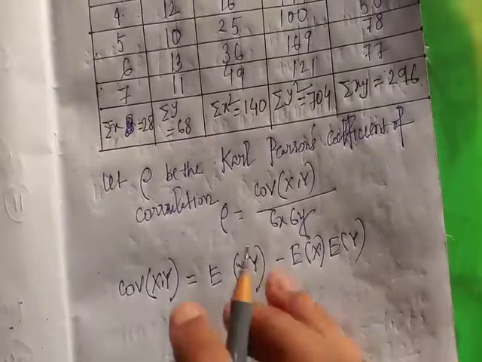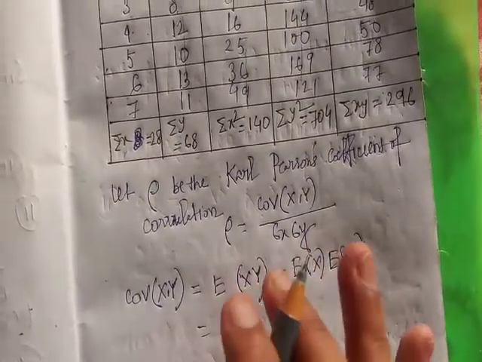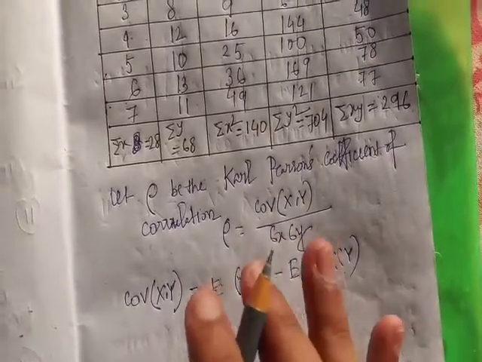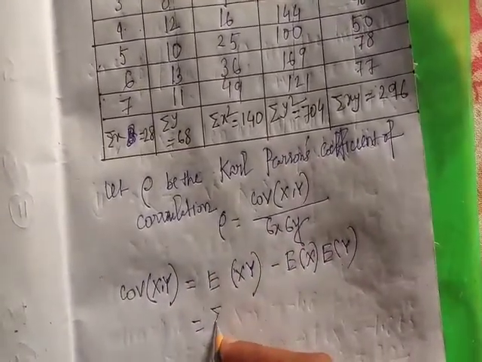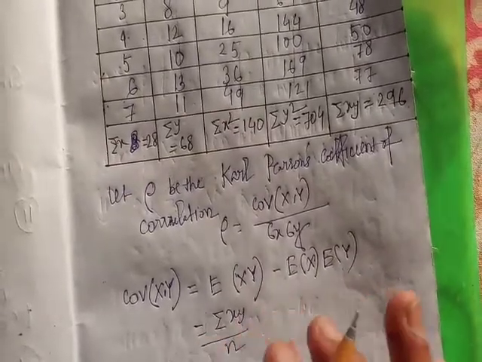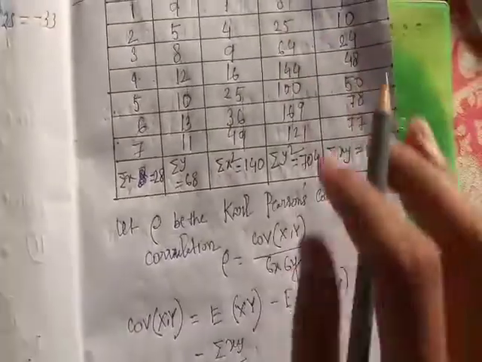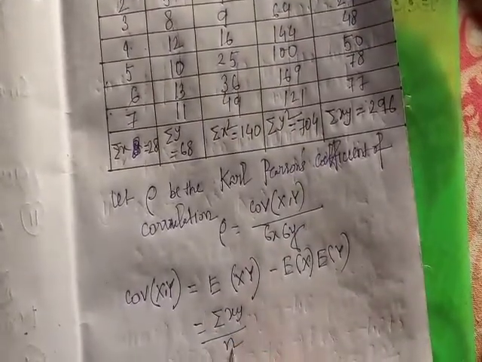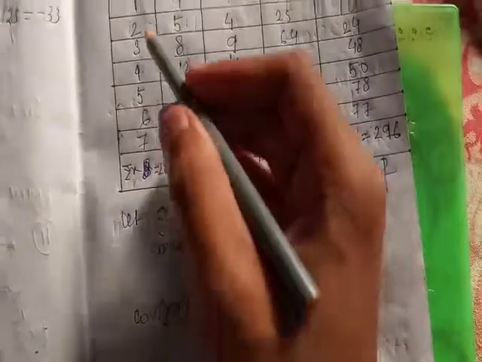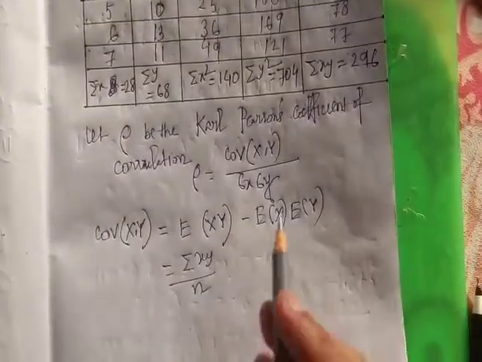We already discussed that expectation of xy means the average of xy, that is summation xy by n. If we average 7 terms of xy, n here is 7, the number of terms is 7.